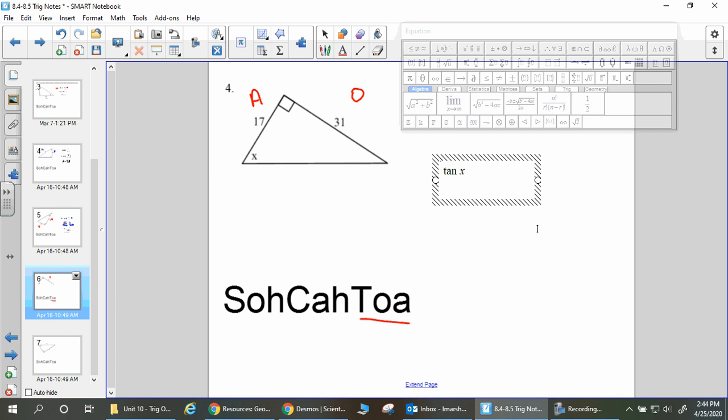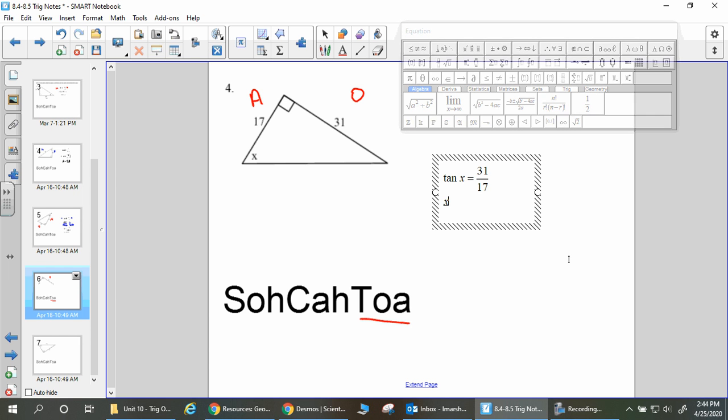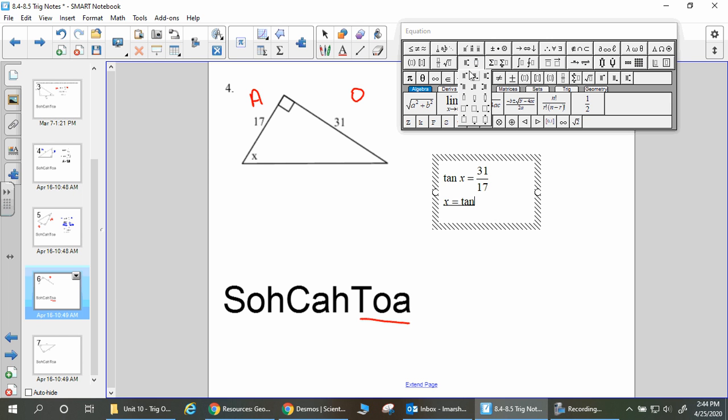So tangent of the angle, which is x, equals, start a fraction, opposite is 31, adjacent is 17. And so this means I'm going to need to use that inverse, right? x is going to equal tangent with that -1. And if we enter our fraction, it stays 31 over 17.